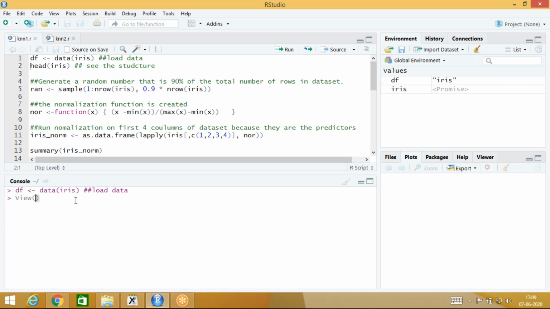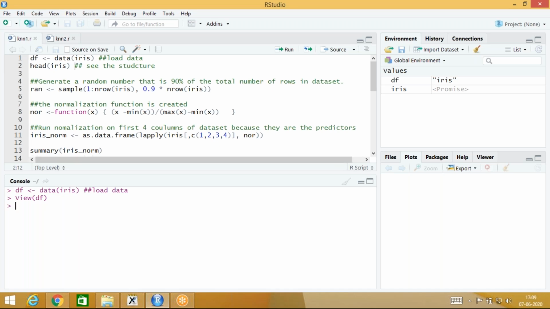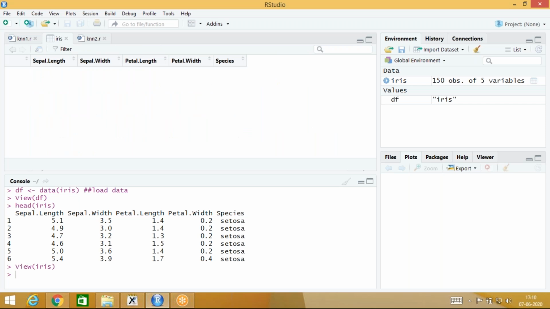If I just write view df, this is your Iris data set.